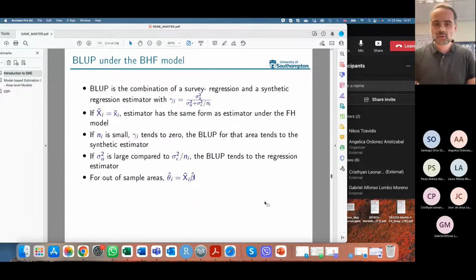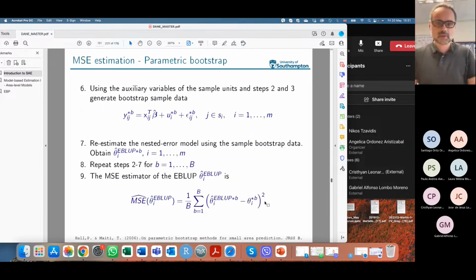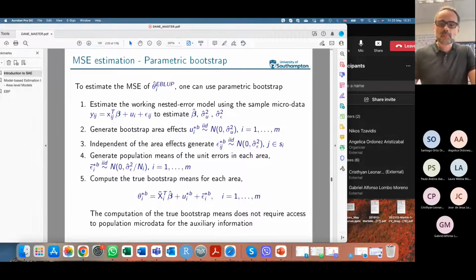Now, when I go to the bootstrap, I'm using the same X's, right? So whatever you use in your estimation with one sample, you still keep using the same X's also when you construct the bootstrap values of the theta i's, basically.